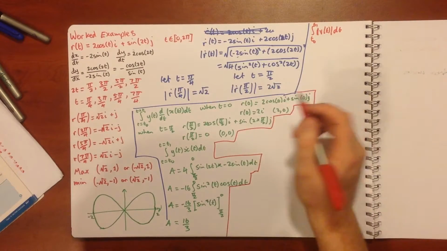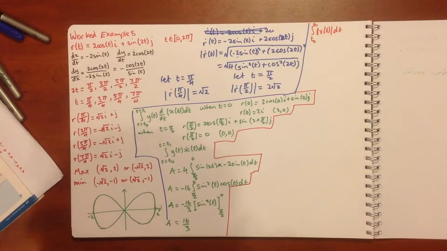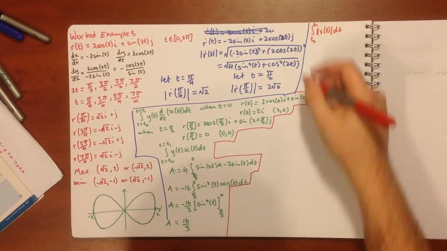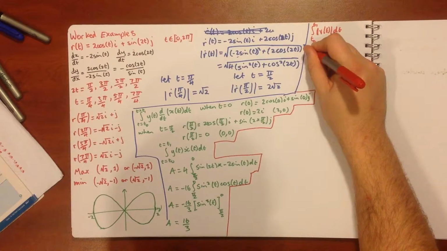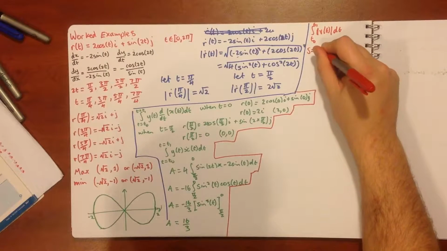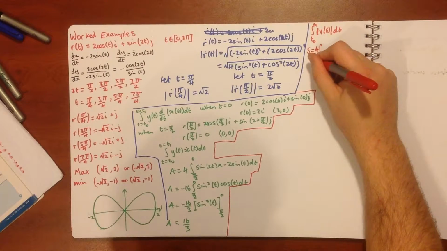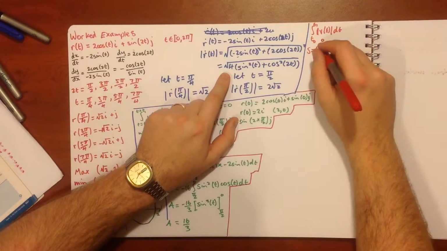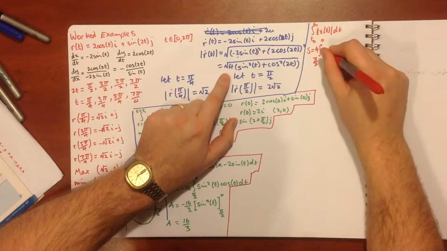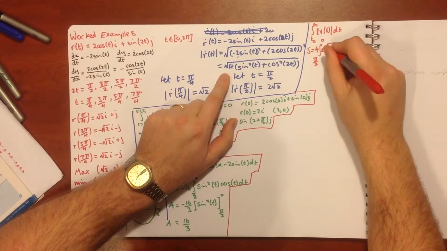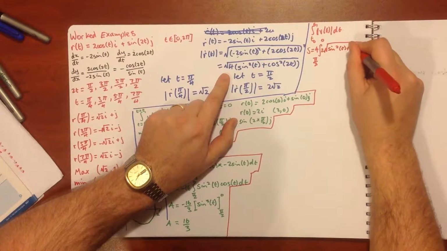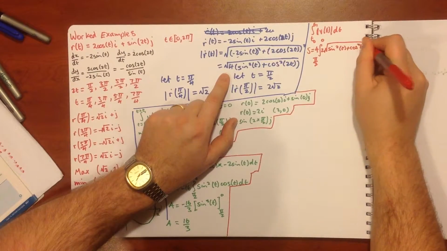And again, our total length. We're going to need to be looking at 4 times it, just like we needed to go 4 times our area. Well, the length of our curve is going to be 4 times the integral of pi on 2 to 0 of our equation here, which is 2 times square root of sine squared t plus cos squared of 2t.